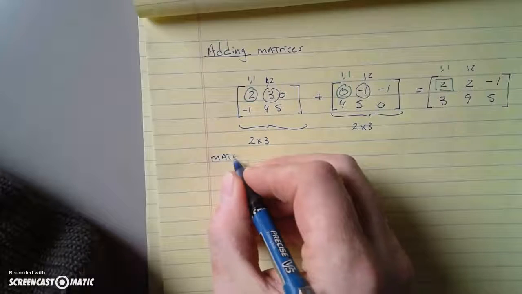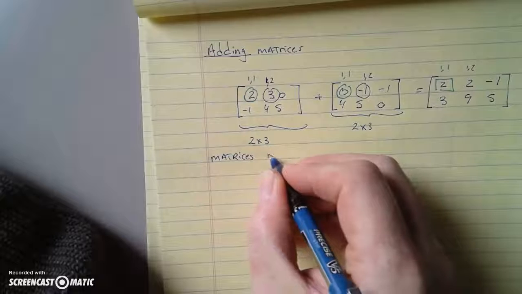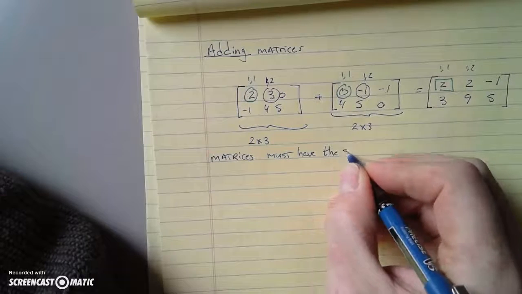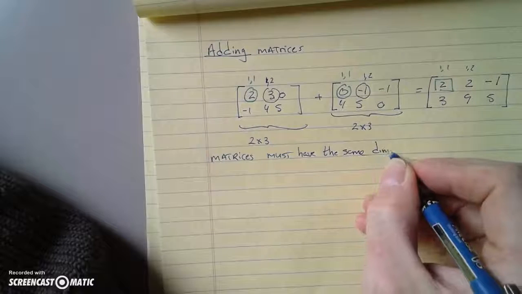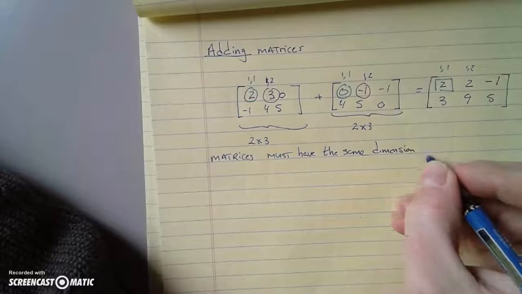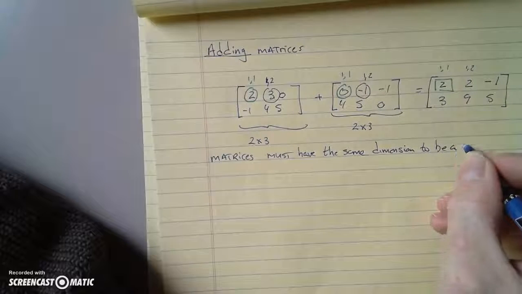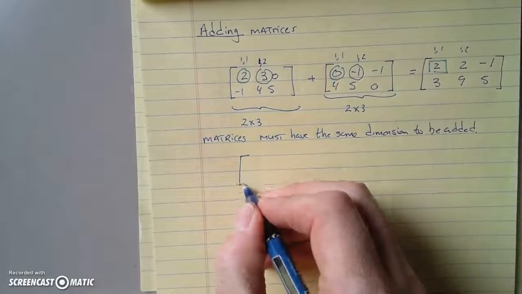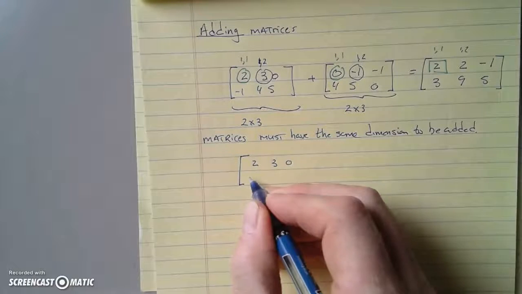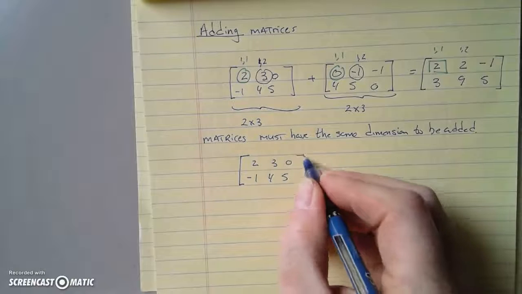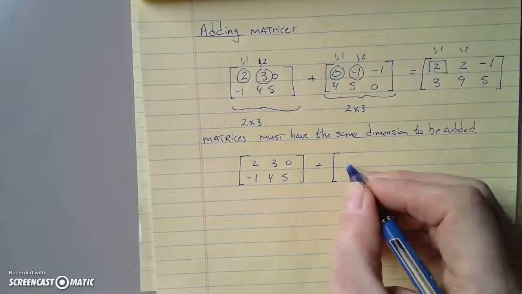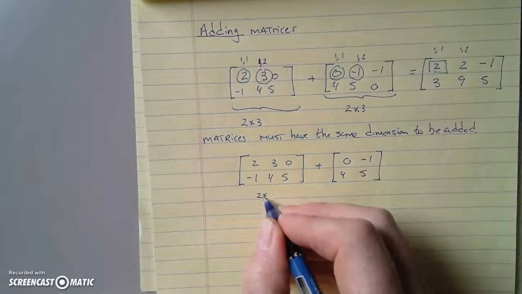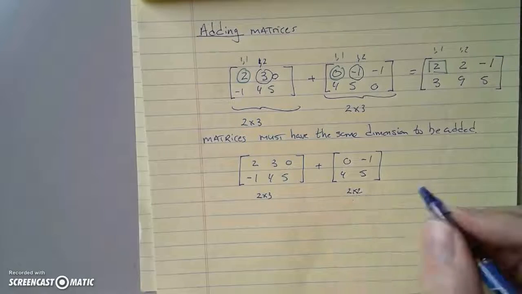And the only thing you really have to remember is that matrices must have the same dimension to be added. That should make sense. If we're adding these component-wise, like we do vectors, it wouldn't make any sense to try and add a 2 by 3 and a 2 by 2.